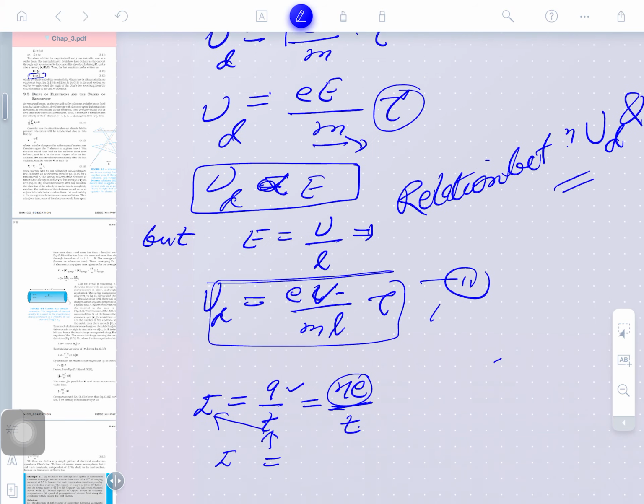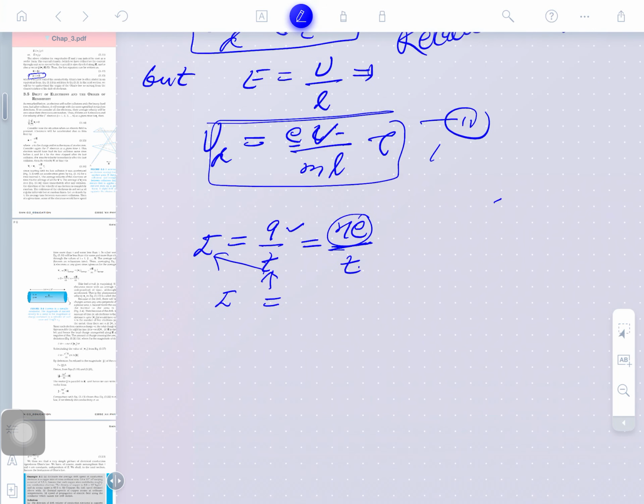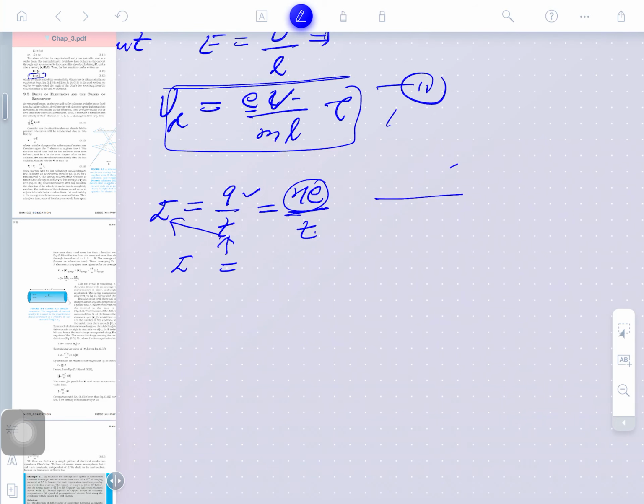Electron e, net velocity of electron is there. Suppose this is a length of conductor, from here to here n electrons are passing, so they are constituting a charge. So the density here, in per unit volume, n electrons are there.